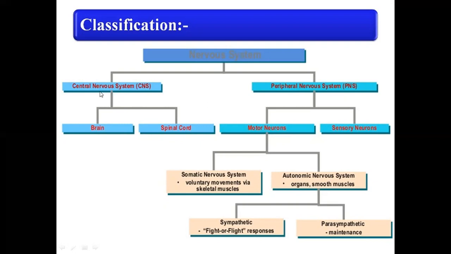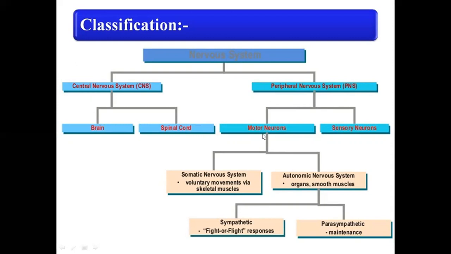Now, what about the central nervous system? Central nervous system includes brain and spinal cord. In our previous lectures, we have studied brain and spinal cord, and today is peripheral nervous system. Peripheral nervous system again is divided into two parts, or you can say it has two pathways: motor neurons and sensory neurons.